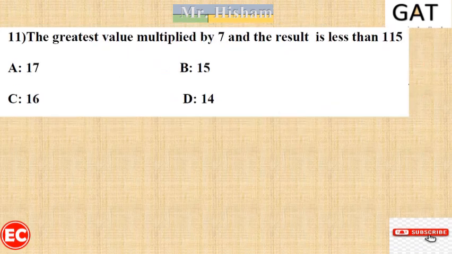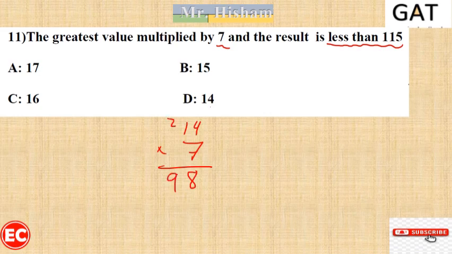Question number 11. Find the greatest value which, multiplied by 7, gives an answer less than 150. You can start by trying multiplying each value. I may start with 14, for example, so 7 times 14. 7 times 4 is 28, 8 and carry 2, 7 times 1 is 7, 9, so 98. 98 is a little bit smaller than 115, so I go to 17.